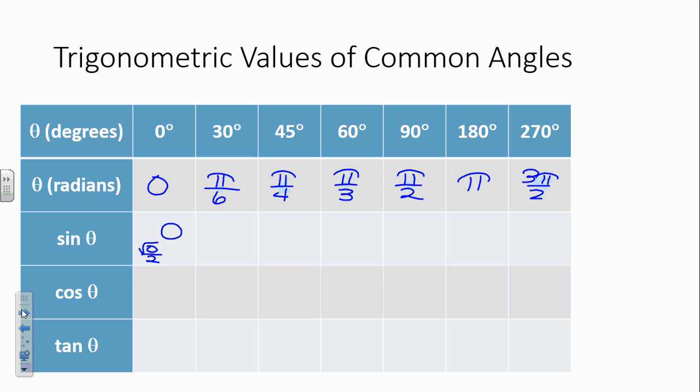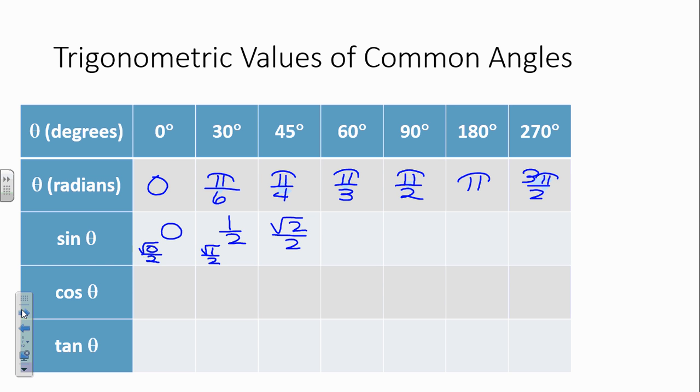The sine of pi over 6 is the square root of 1 over 2. What's the square root of 1? 1. 1 over 2 is 1/2. Just showing you where it's coming from. The sine of 45 is the square root of 2 over 2.